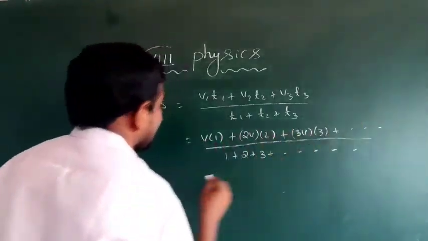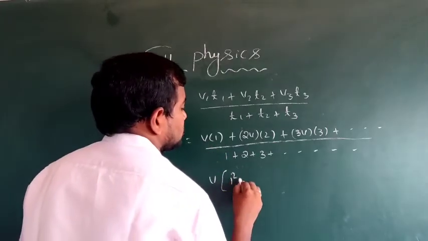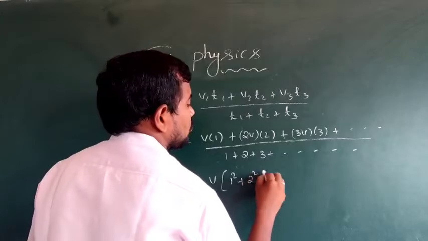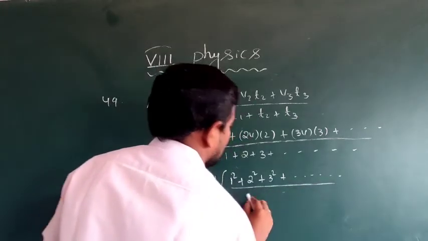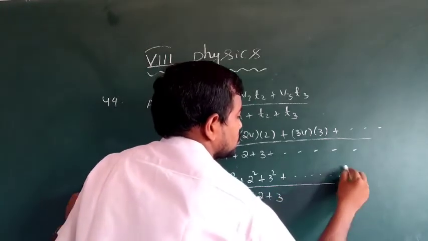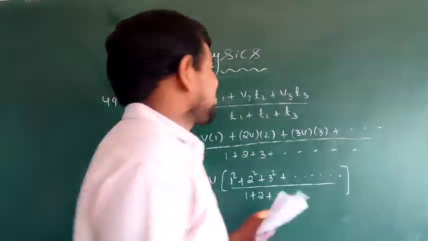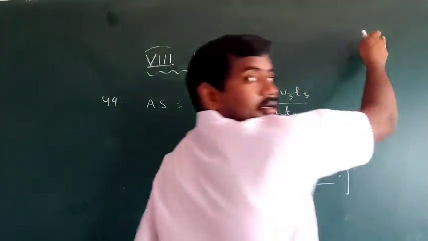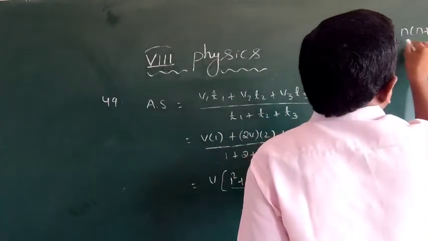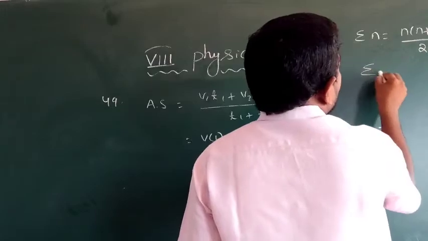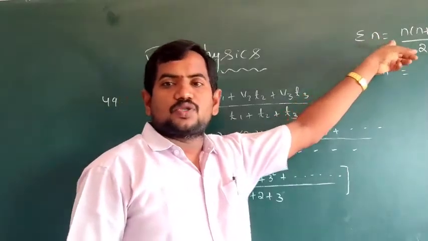Now V is taken as common, and it is written as 1 into 1, that is 1 square, plus 2 into 2, 2 square, plus 3 into 3, 3 square, and so on, by 1 plus 2 plus 3. Here we use some problems from mathematics that you will come across. That is sigma n equals n into n plus 1 by 2, where sigma n means 1 plus 2 plus 3 plus 4 and so on.